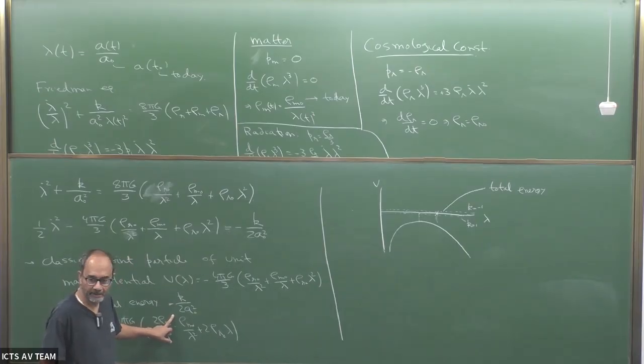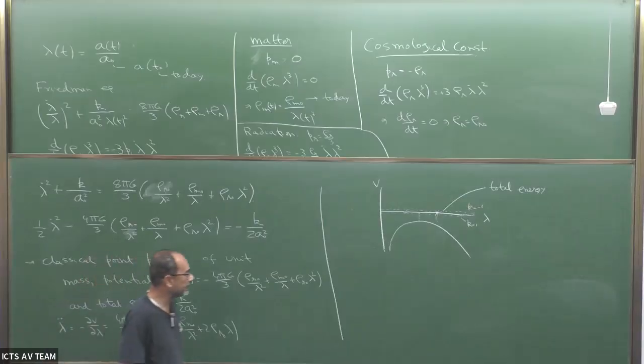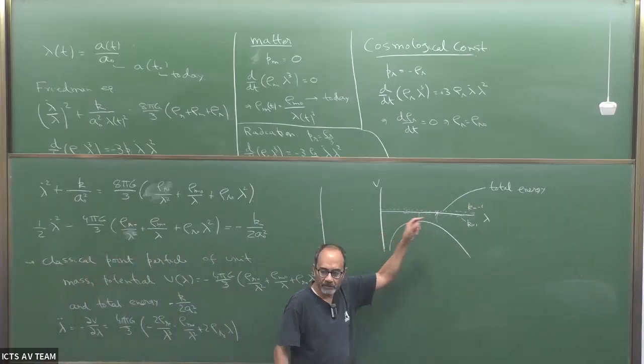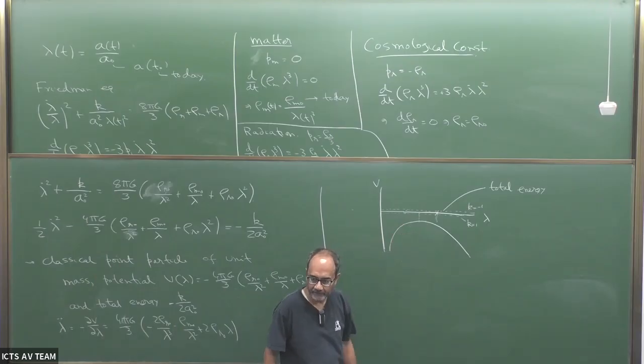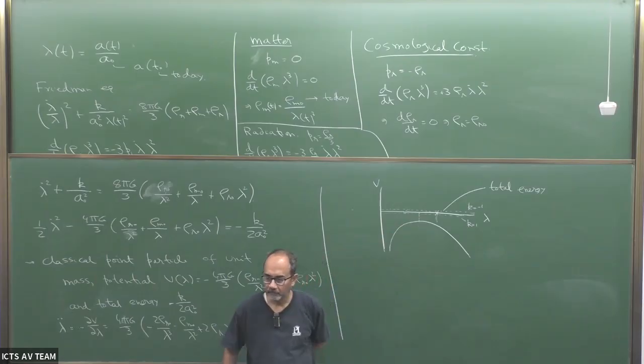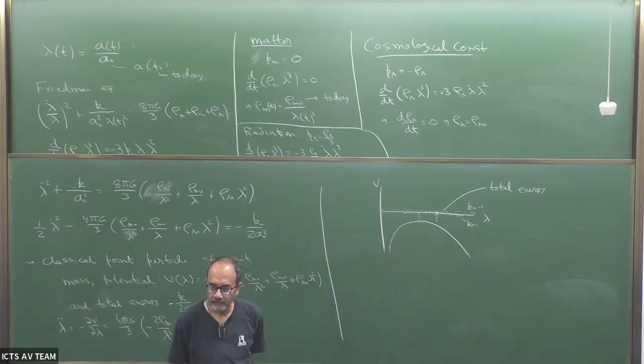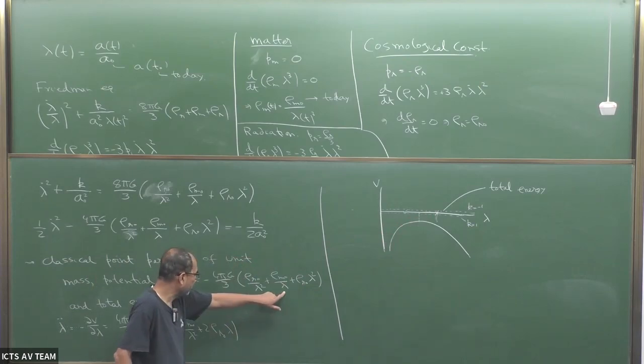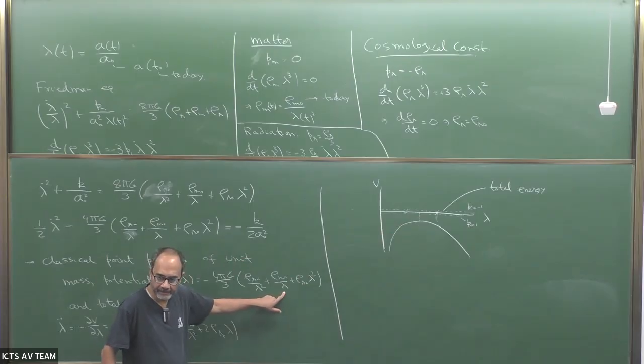From this graph, you can see lambda dot can never become 0, because the total energy is close to 0 and the potential is always negative, so the kinetic term will always remain positive. I've drawn it like this because V of lambda is negative all through.